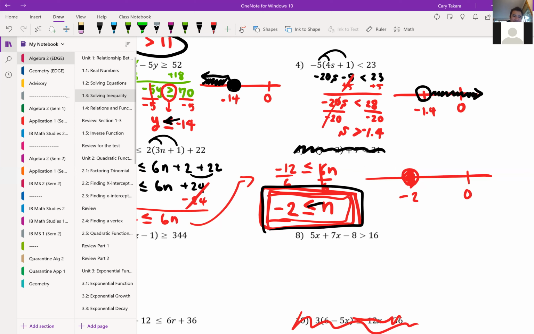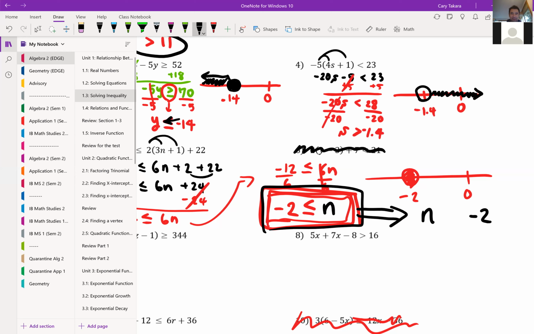Because n, this time, is on the right side, isn't it? Now, if you were to rewrite it and bring n to the left side, the inequality should follow to where it is facing.